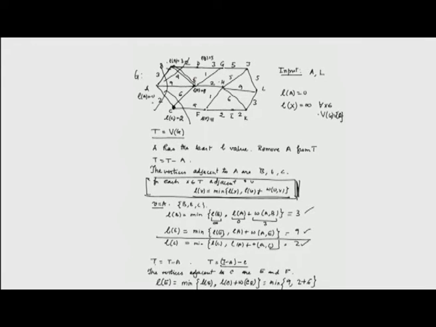So, I have to compare between 7 and 8. So, this value of L is going to change to 7. So, I have got LE equal to 7 and LD equal to 5, and these are the vertices which are adjacent to B.